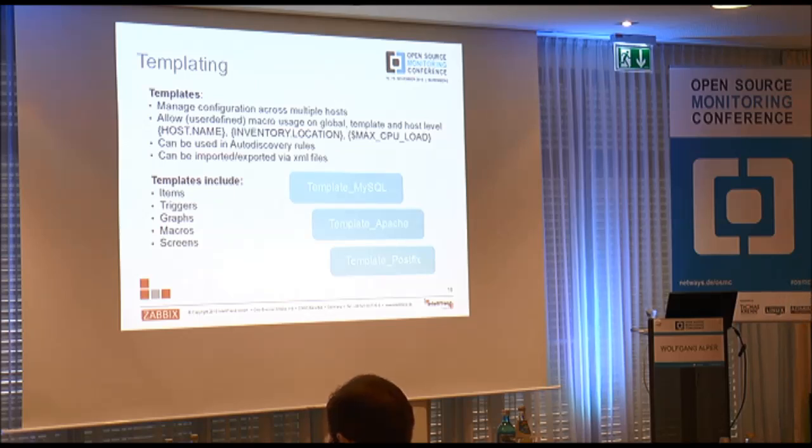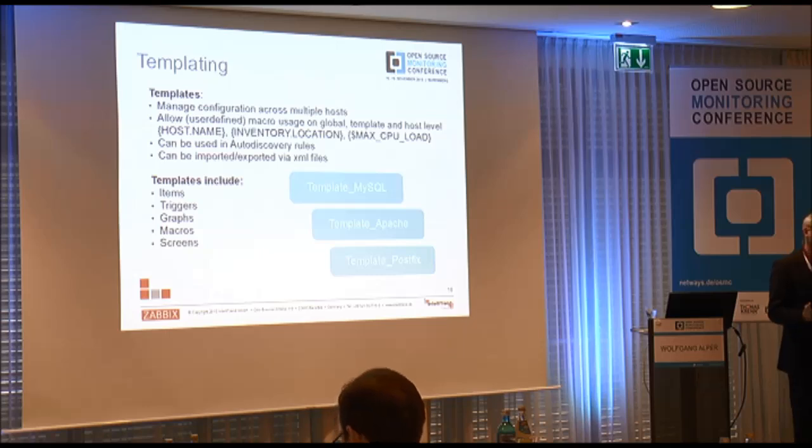Templates allow configuration across multiple hosts. You can define something which we call macros. Imagine variables that you define on a global level, on a template level, on a host level. For example, you create a trigger and say, if CPU is higher than, and then your CPU macro, a variable.